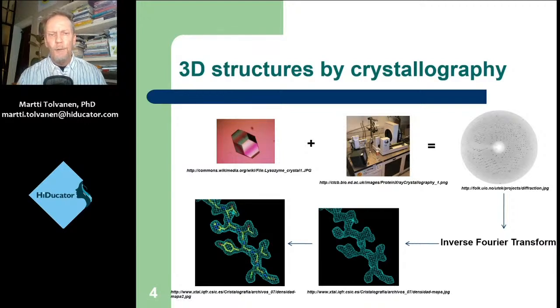You tilt your crystal to get more of those dots, and then you have tens of thousands, maybe even hundreds of thousands of these diffraction dots. Their intensities are measured, and with some fancy mathematics and a problem in figuring out what are the phases of the X-rays, diffracted X-rays, you finally would have an electron density map coming from inverse Fourier transform operations.